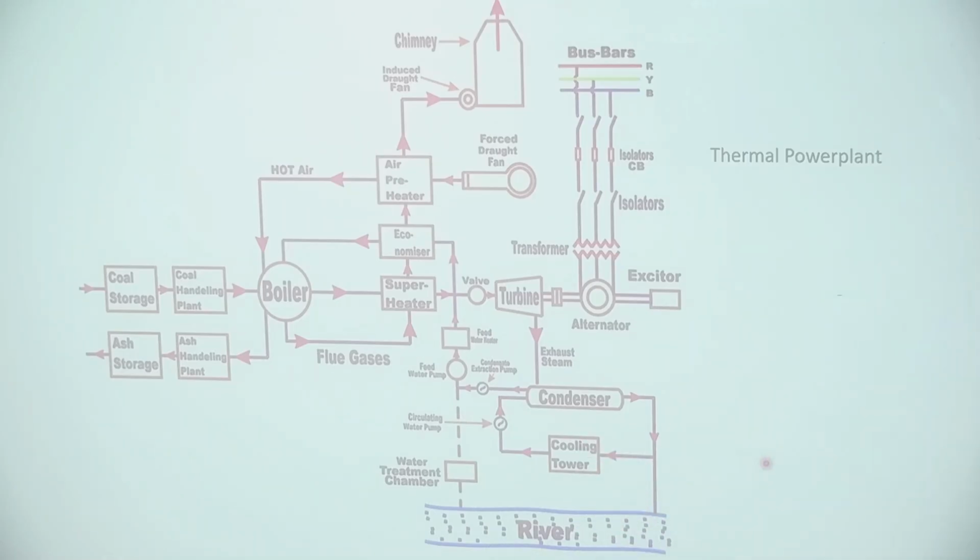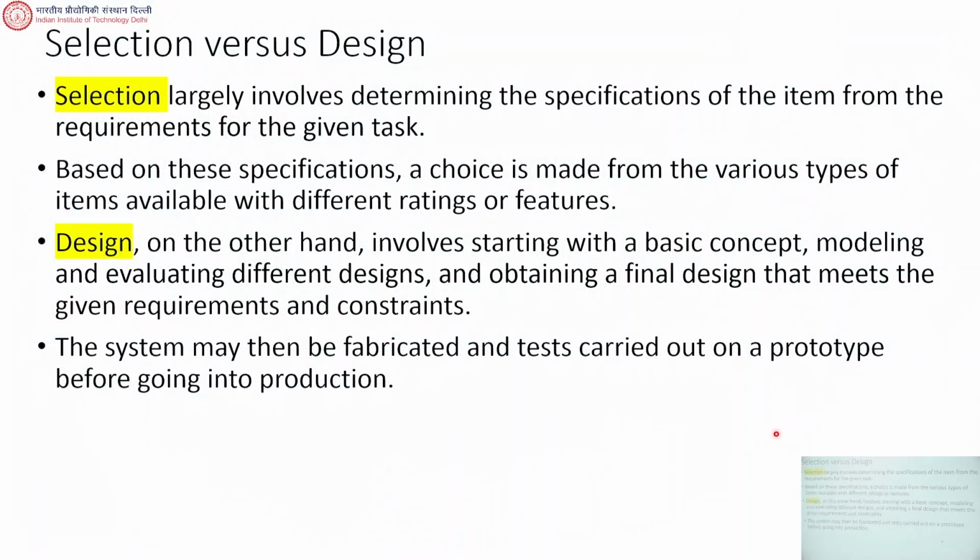Okay. Now with this picture in mind, let's look at this text, that this is a selection versus design issue that we are talking about. So selection means determining the specifications of the item from the requirements of the given task.